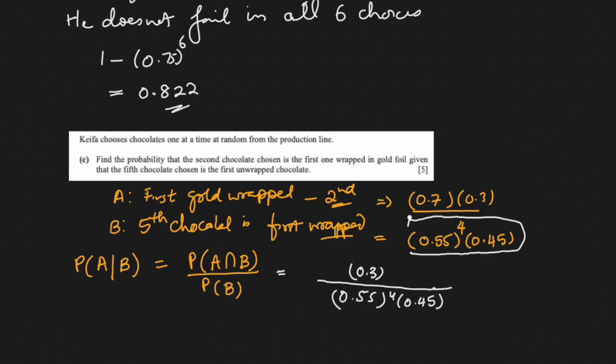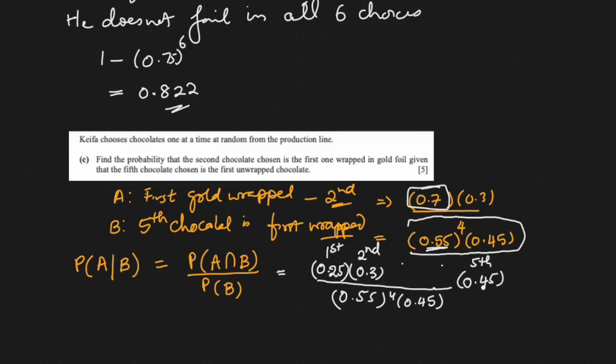That means out of this 0.7 we have to remove this 0.55. That means only red wrapper should be the first one. So this is first, this is second, and then we have fifth, which is 0.45.